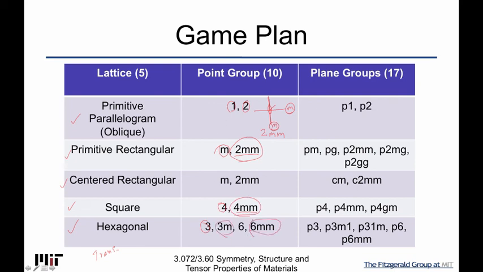Now once we have all those, we go back to our lattices and we plug these in, developing, of course, this huge array, well, 17 plane groups that can exist with all of the rules that we put in.